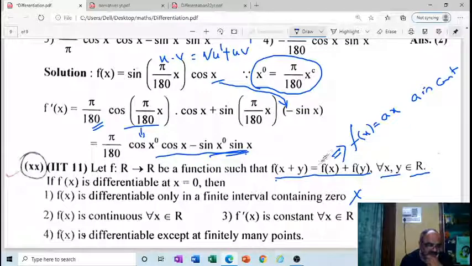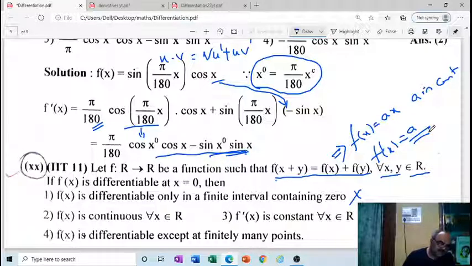Then what do I infer? F of x is continuous for all values of x and f dash of x is going to be a. If I differentiate this, the answer will be a. It is like 3x. 3x differentiation is what? It is 3. Like that. So f of x is continuous for all values of x here.